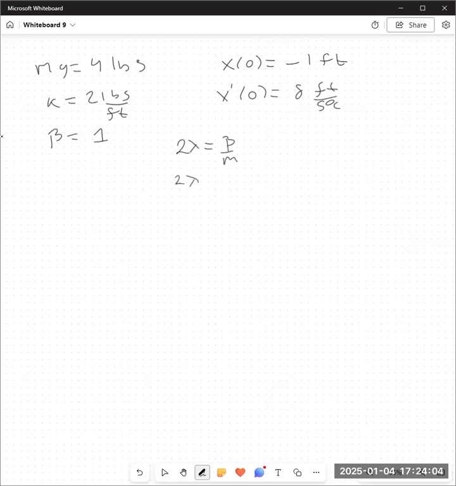So 2 lambda is going to be equal to 1 over, and m is going to be 1/8 of a slug.